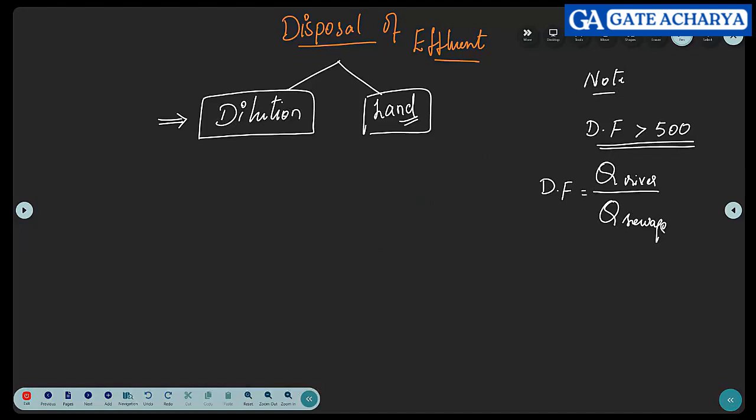If this ratio is more than 500, no treatment is required. We can directly dispose as it is.